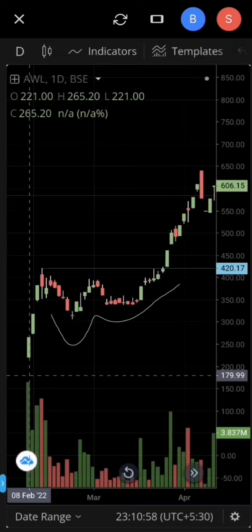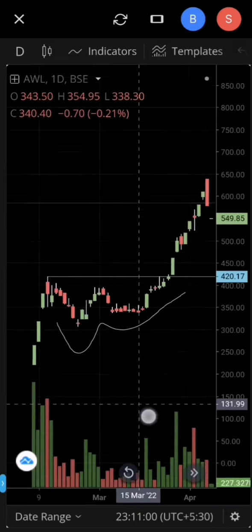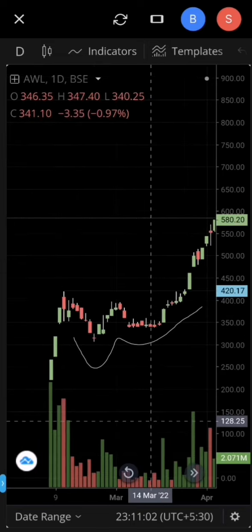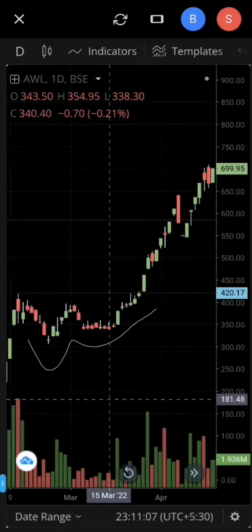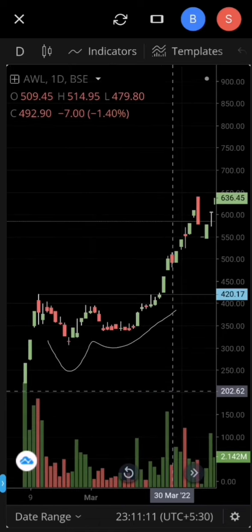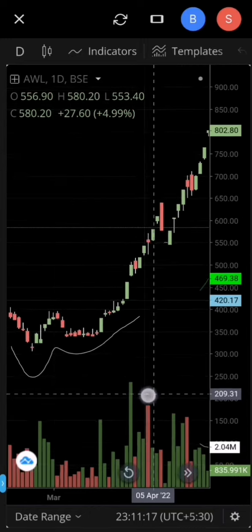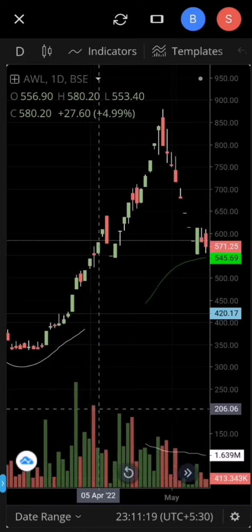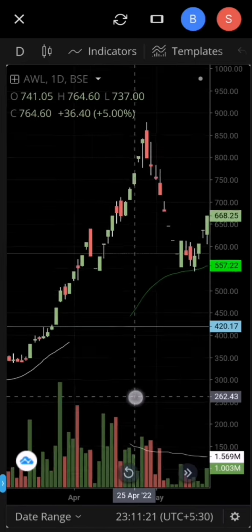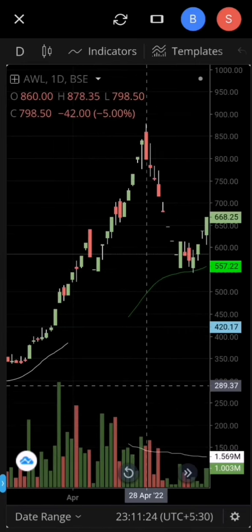Then it went up and created an all-time high. Then the price was pushed down by the sellers. It again tried, came back, and finally it broke out of its all-time high around 420. Since then, once it broke out at 420, it went up till 878. It posted the all-time high of 878.